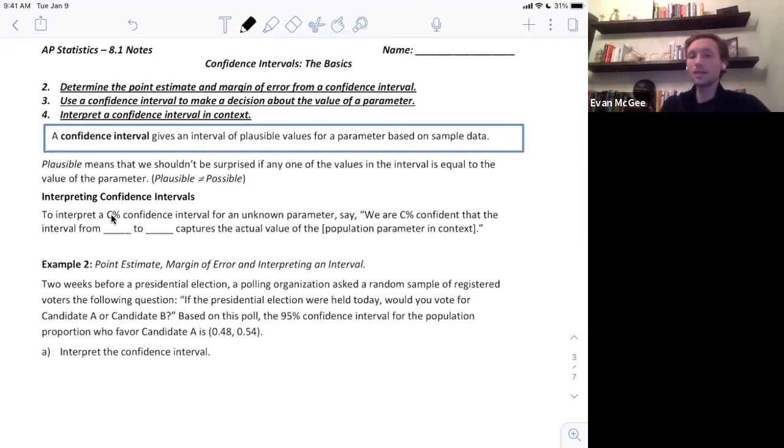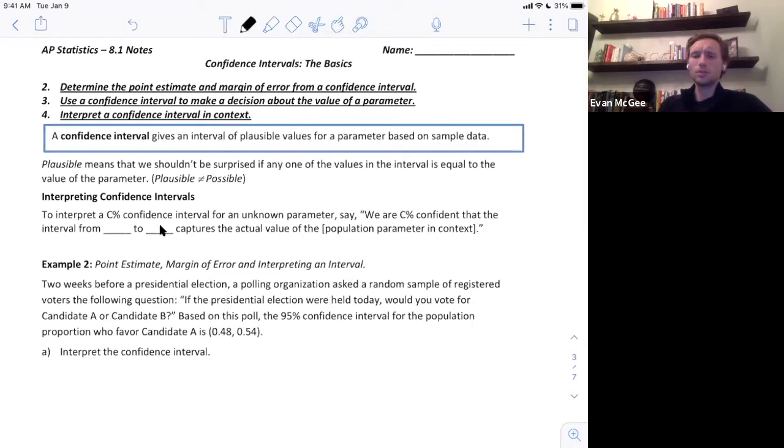To interpret a 90% confidence interval for an unknown parameter, we would say we are 90% confident that the interval from blank to blank captures the actual parameter of the population, in context. So if you're asked to interpret a confidence interval, it's just a copy-paste statement where you're changing the level of confidence and the actual values of the interval, because they won't always be the same.